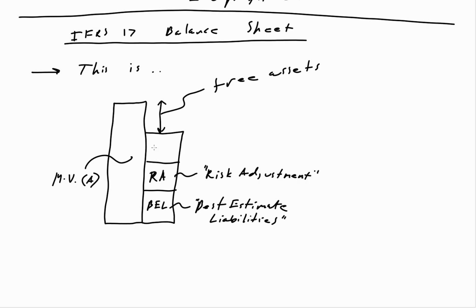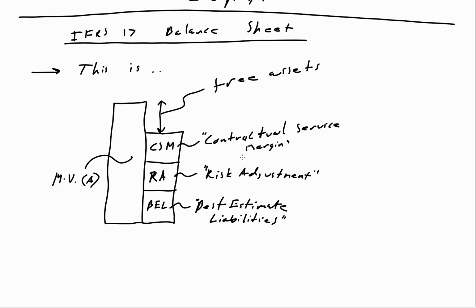And then this thing called CSM at the top here. So this is contractual service margin.